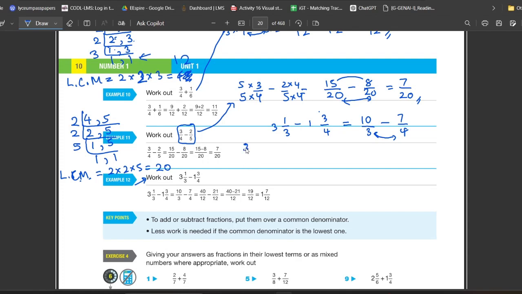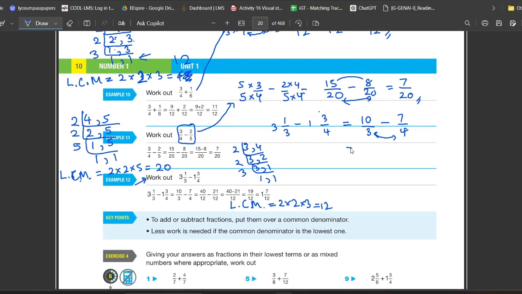same. So 3, 4, check the LCM, divide by 2, 3, 2 again by 2, 3, 1 again by 3, 1, 1. So it stops. LCM is 2 times 2 times 3, that's 12.